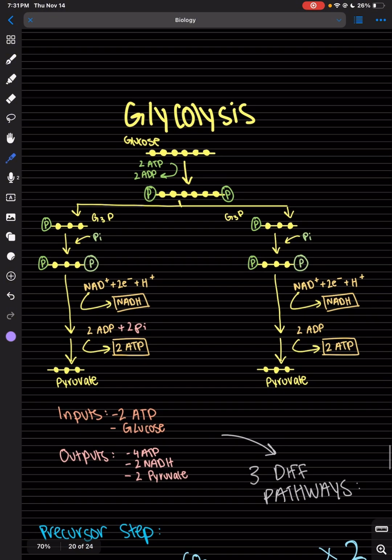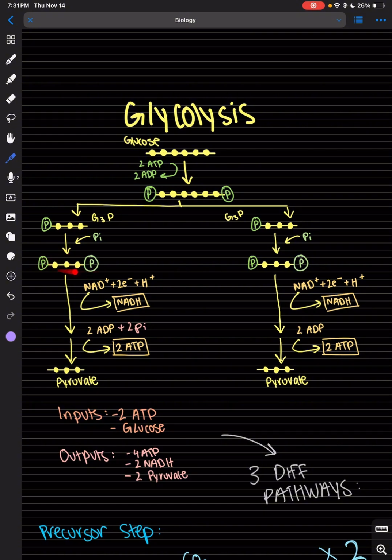This is because NAD+, which is an electron carrier, has specific characteristics that strip electrons from this compound, and it takes the electrons and hydrogen ions and makes NADH, right?